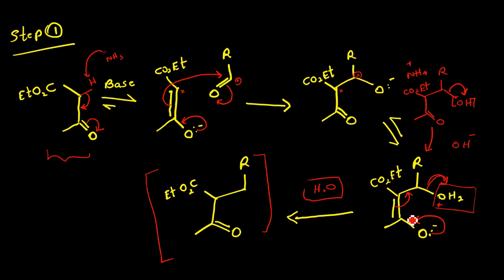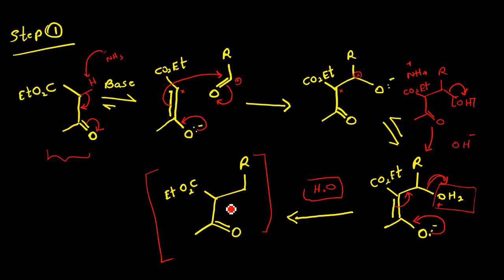When this electron donation happens, this group tends to break more easily compared to OH minus. When you have OH minus, the same mechanism can happen, but when you have a water molecule at this end, it's more possible. So we will go with the water molecule over here. When you have a water molecule, this tends to break easily.